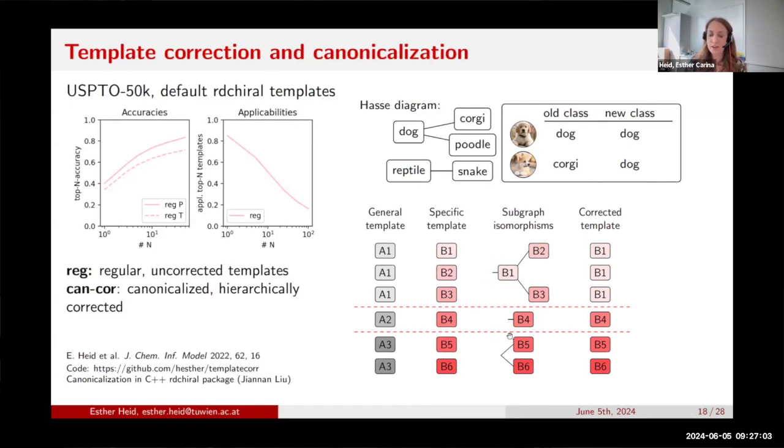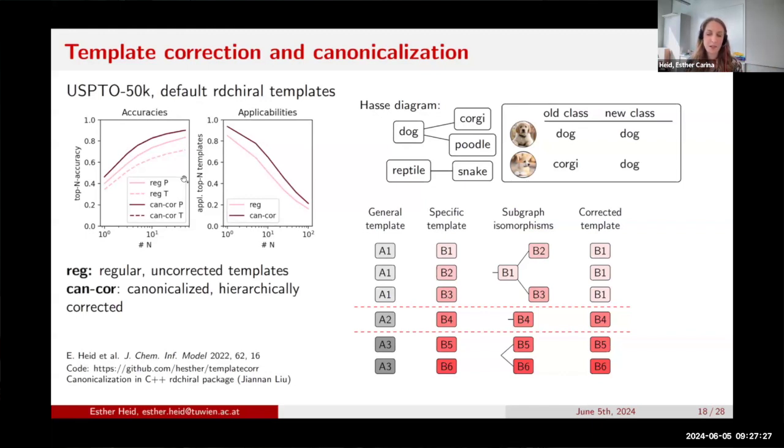And if you then retrain your algorithm on this, you get a really large performance increase in the top-N accuracies. And the fun thing is, this is now the same performance as all of the state-of-the-art approaches in this field, being template-based or template-free. It is just one layer of neural network, and all we did is correct for the templates.